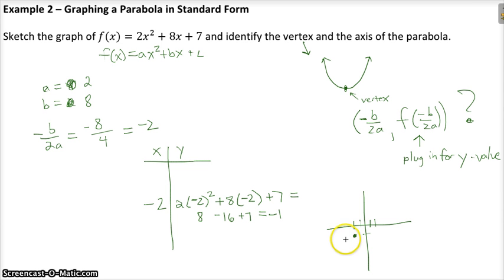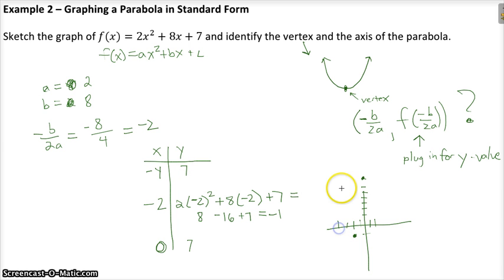So that means everything is centered at this point. It means if I pick 0, which is fairly quick to find out, because if I plug in 0, this all cancels out, this all cancels out, I'm left with 7. So I can go all the way up to 7. That means that at negative 4, which is on the exact opposite side of the vertex, I should also get 7.